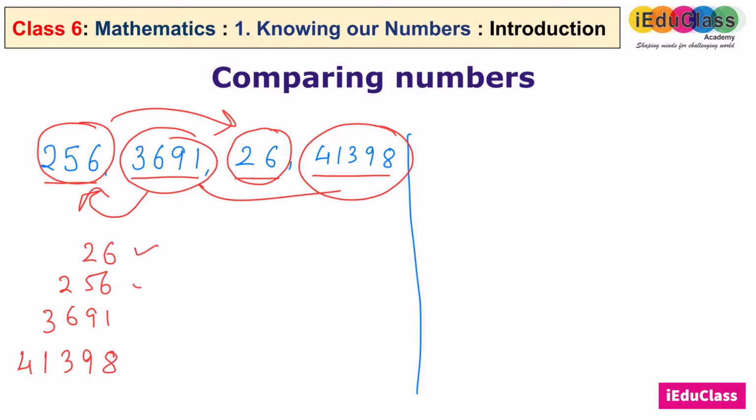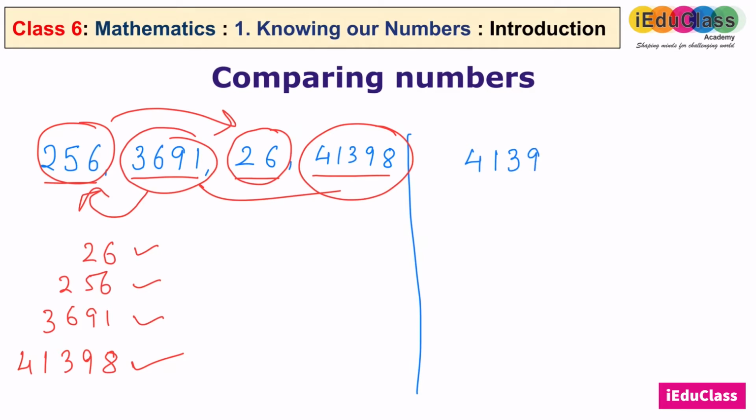So smallest, bigger and biggest. So by counting the number of digits, you can come to know which number is bigger and which number is smaller.